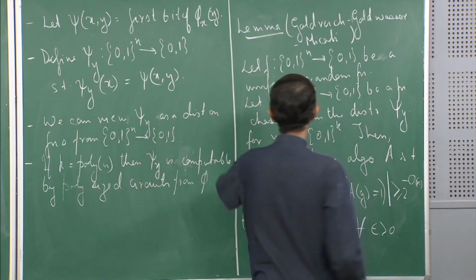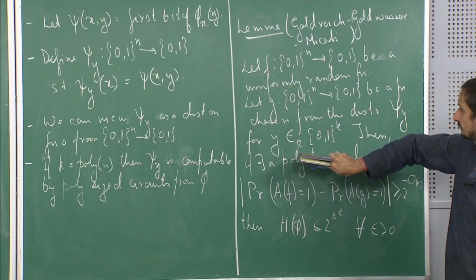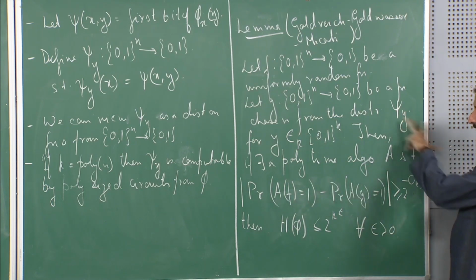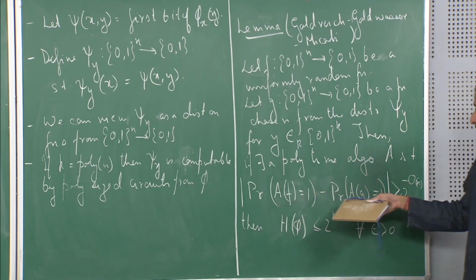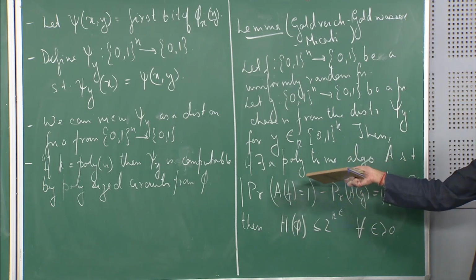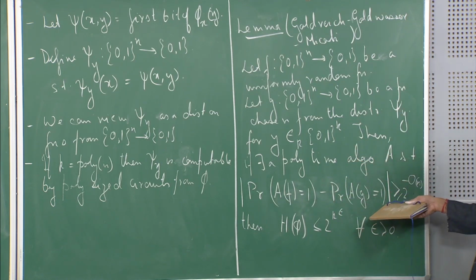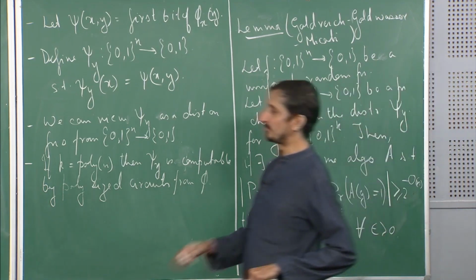We have a function G that is chosen randomly from this distribution psi y. There is a polynomial time algorithm that is able to distinguish between them. Now, if there is a polynomial time algorithm, which we know is able to distinguish between them with probability at least so much, then we know that h of phi is bounded by this.